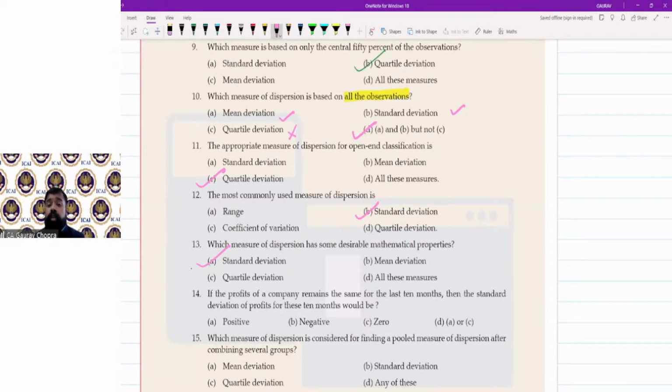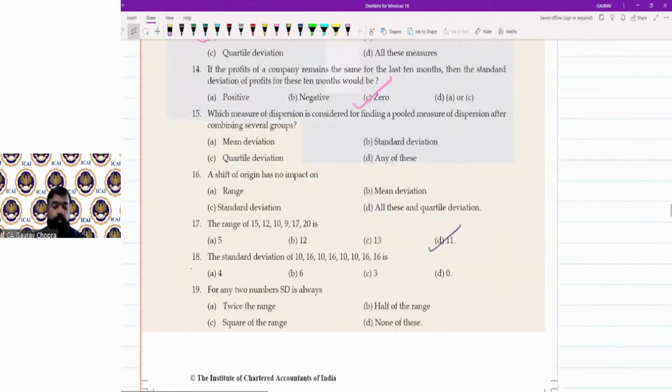So we have discussed that when all the observations are same, then standard deviation will be 0. So option number C. Which measure of dispersion is considered for finding a pooled measure? Pooled means it is combined measure of dispersion, and combined is calculated only for standard deviation.